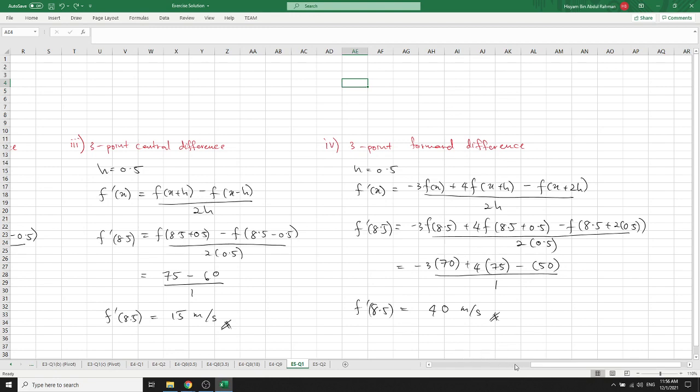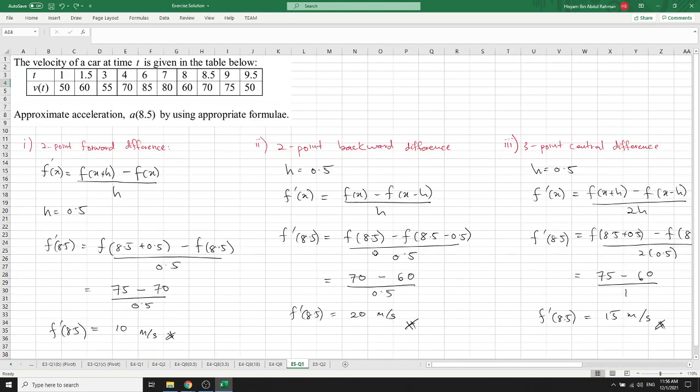As we know, to find the acceleration, we need to differentiate the velocity. So, for example, this is the position, x.